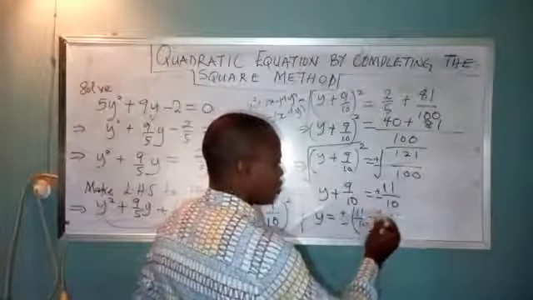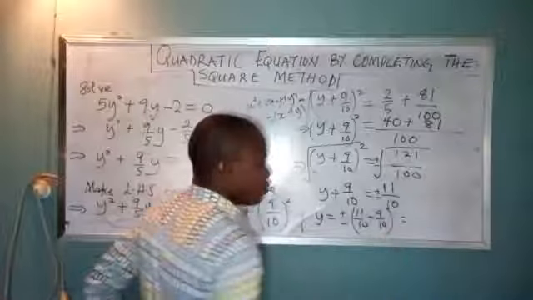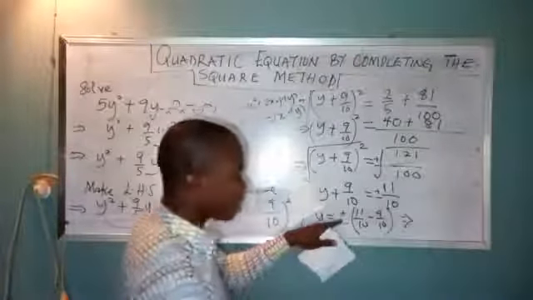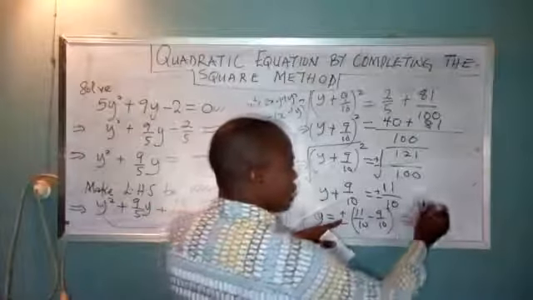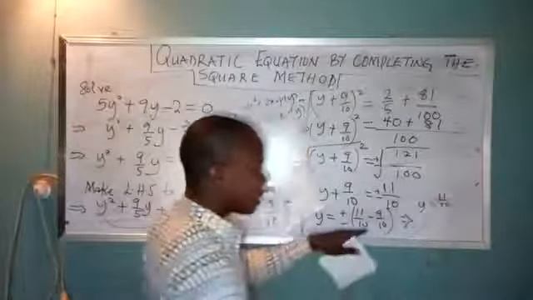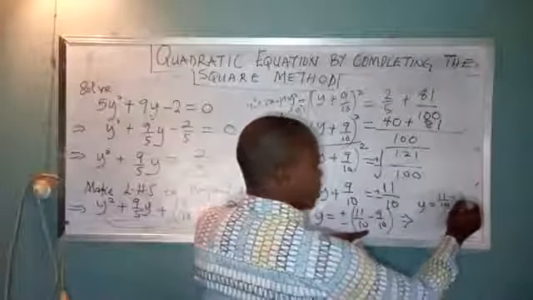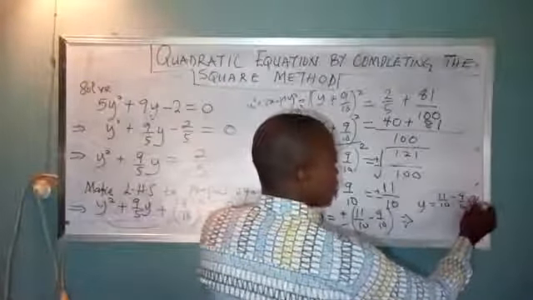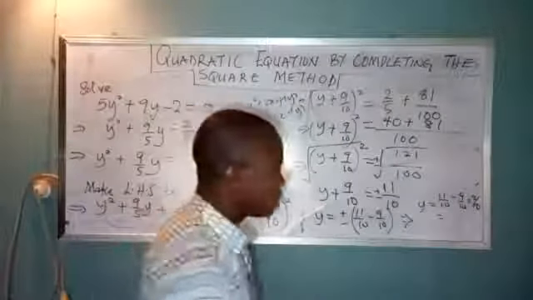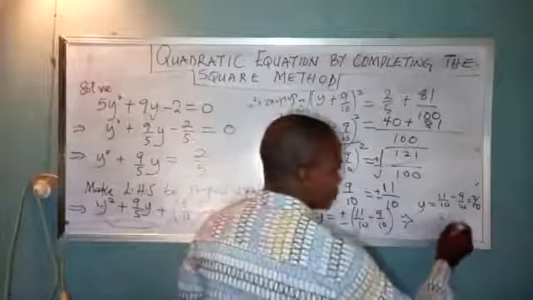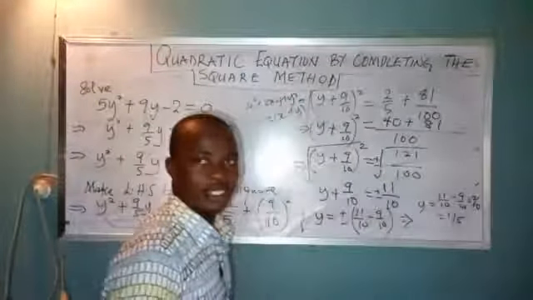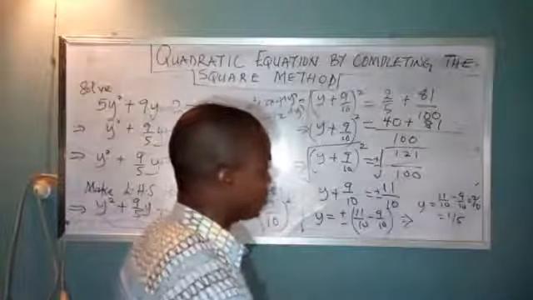If you first take the plus sign, y will be equal to 11/10 minus 9/10, which is 2/10, equivalent to 1/5, that is 2 in 10 is 5.